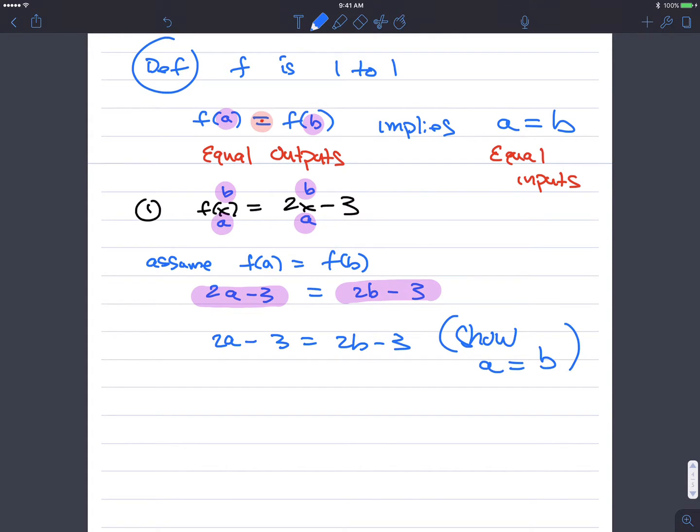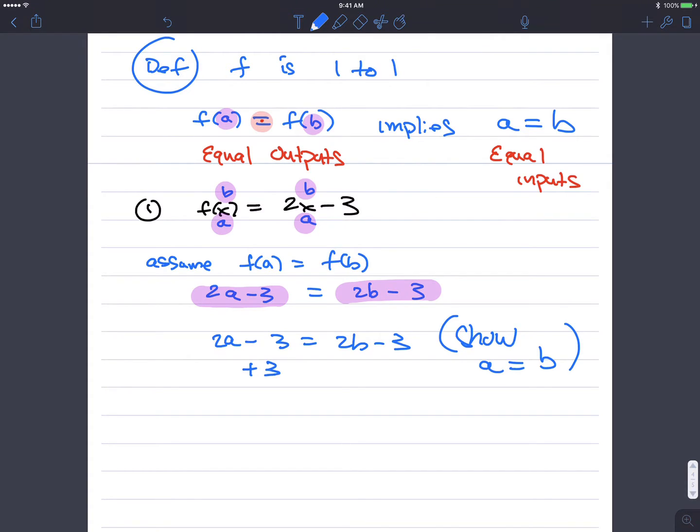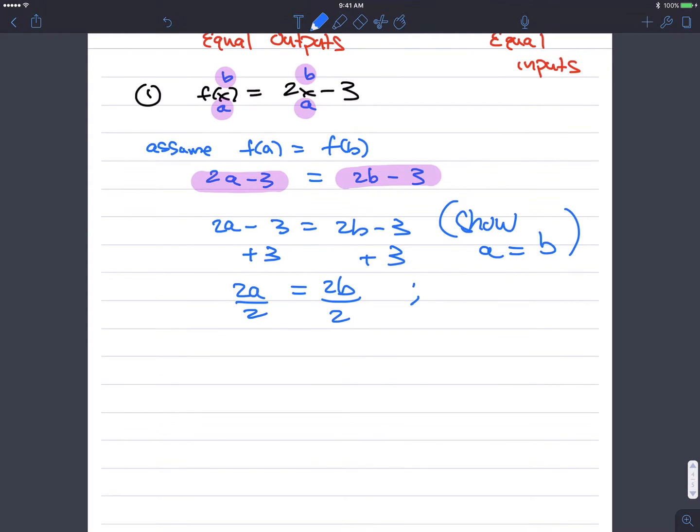We can guarantee that A is B from this setup because we can add 3 to both sides of this equation. We get 2A is 2B. We can divide both sides by 2. And sure enough, what do we know? A is B. Now, this is what this means.